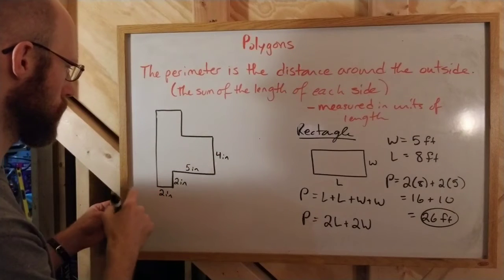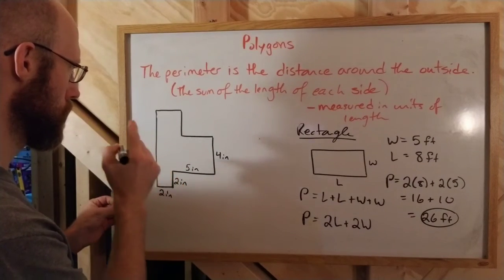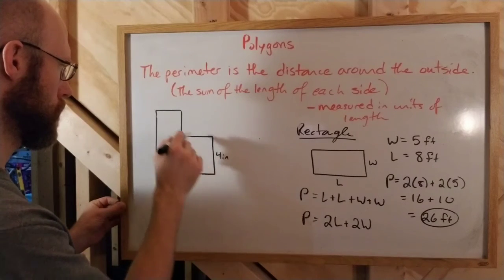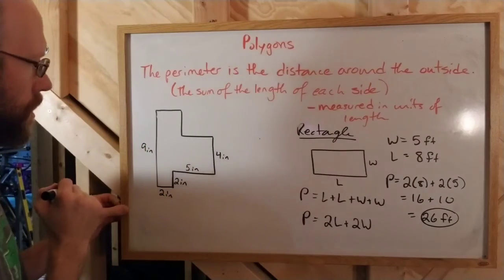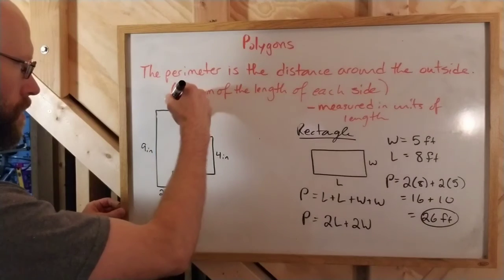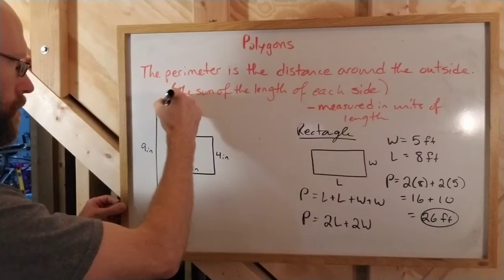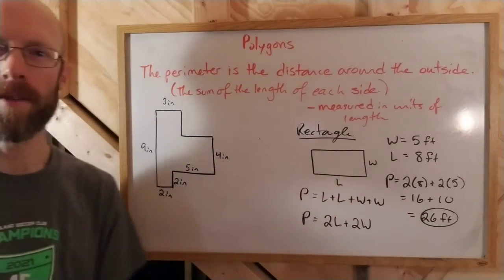Let's do the long one here as 9 inches. And let's put one up here on the top. Let's make that 3 inches there. Okay, I think I like that.